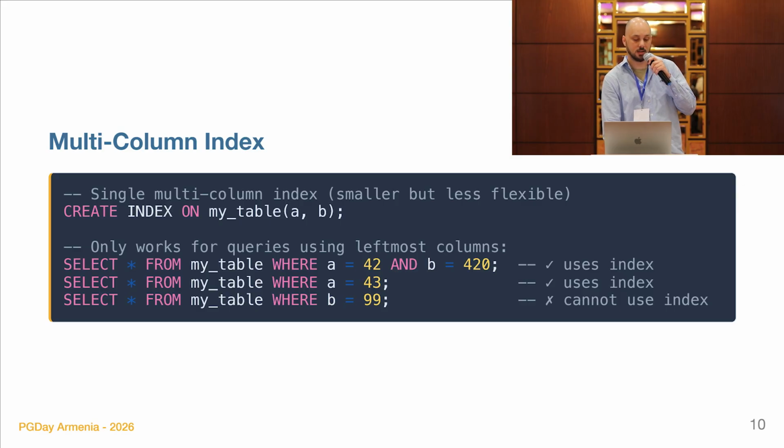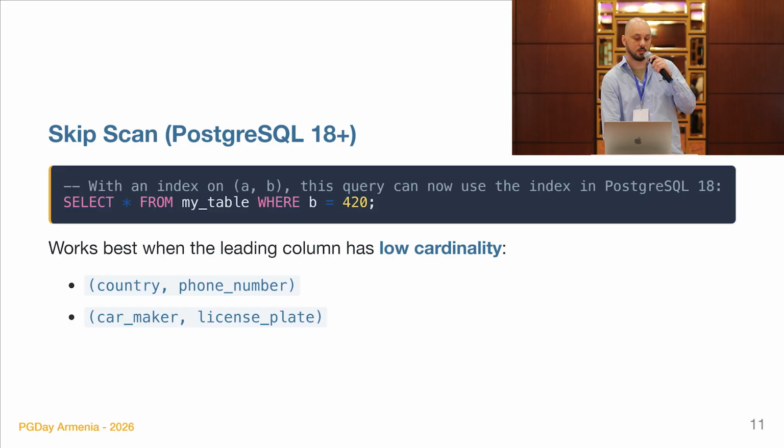On Postgres 18, we have a new feature called the skip scan that will make that index useful in some scenarios. It's able to use the index for searching for the B column, even if we don't have A here.